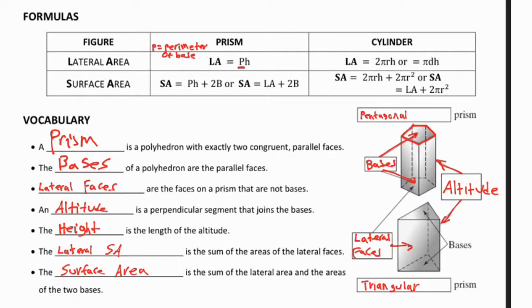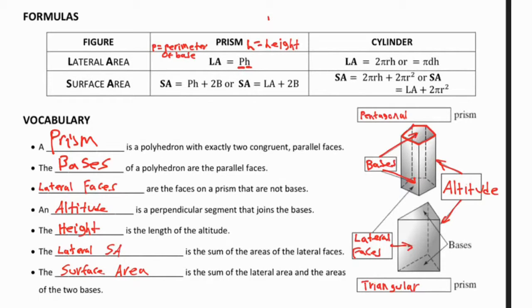So I'm actually going to look at the base and I'm going to take the perimeter. And then obviously H here is going to stand for height or the altitude. So literally all I have to do is find the perimeter of the base and then multiply it by the height, and that's going to give me my lateral area.